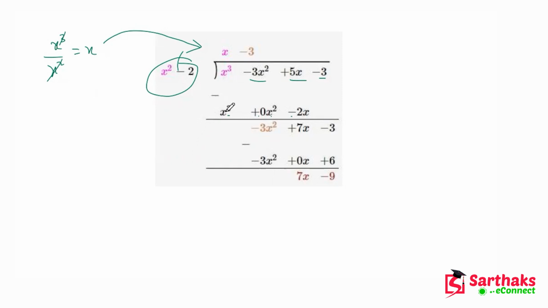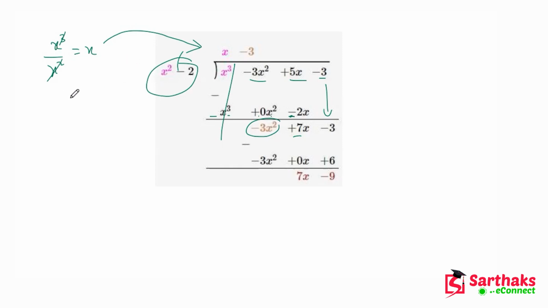Now we subtract, so this cancels. Minus 3x square minus 0, we get minus 3x square. Here minus minus becomes plus, and 5x plus 2x we get 7x, and minus 3. Now again this becomes the dividend, and the degree of the dividend is 2 and the degree of the divisor is also 2.